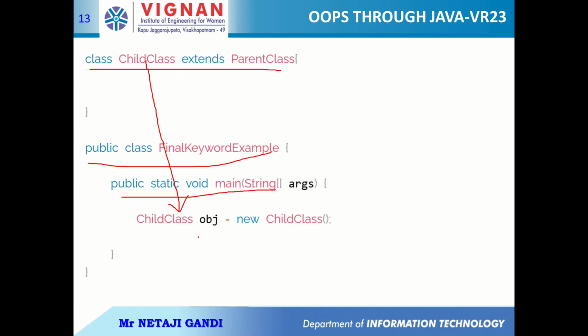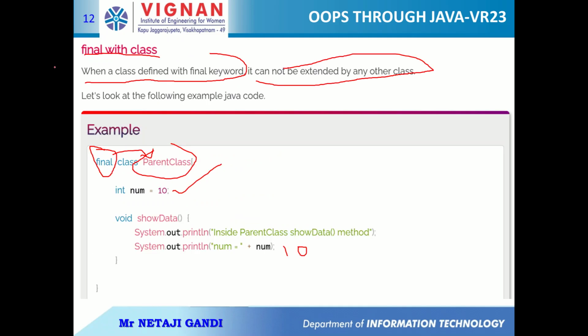In this program, if the child accesses the parent properties, will the compiler generate an error, or will you get the output? No, output is not coming. Why? Because an error message is displayed.